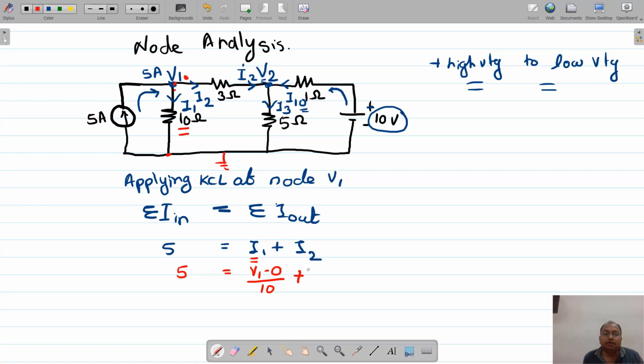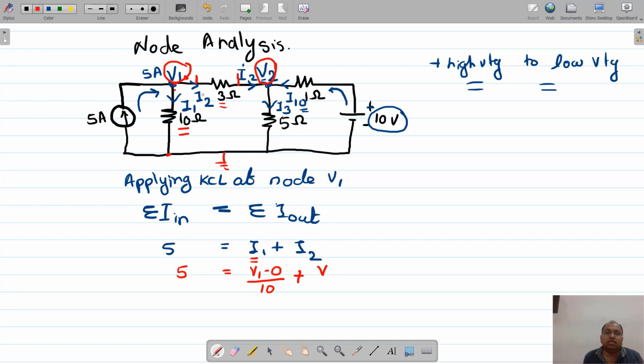Now similarly, how can we find out I2? Which are the two voltages that will come into the picture? V1 and V2, right? Because these two voltages are connected to the two terminals of that particular 3 ohm resistor, right?